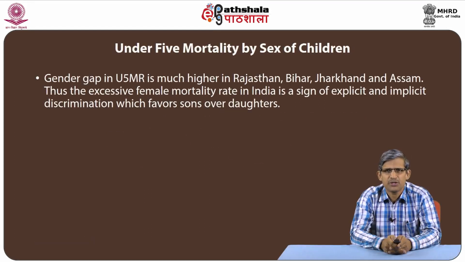The gender gap in under 5 mortality rate is much higher in the states of Rajasthan, Bihar, Jharkhand and Assam. Thus, excessive female mortality rate in India is a sign of explicit and implicit discrimination against daughters as compared to sons.